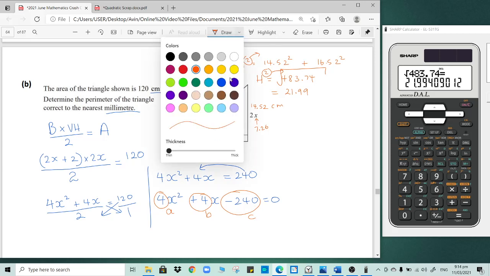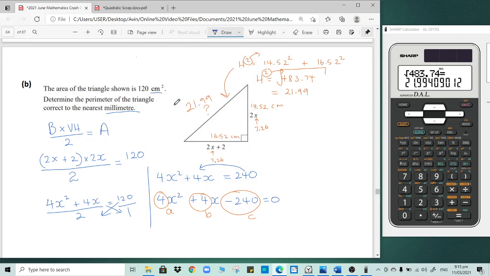To get the perimeter, obviously we have to add up the length of all three sides: 1, 2, and 3. So let's get the perimeter. 21.99 plus 16.52 plus 14.52, and we get 53.03 centimeters.